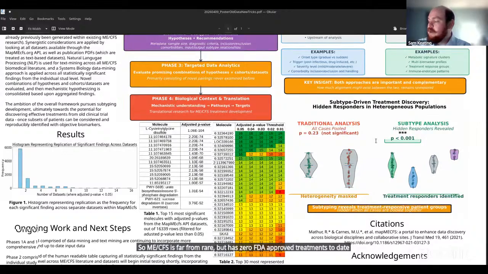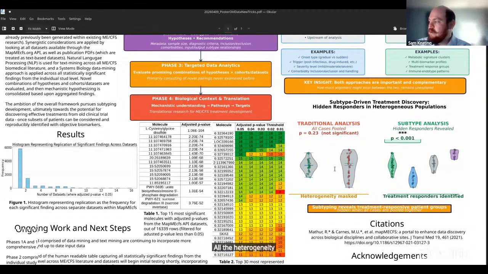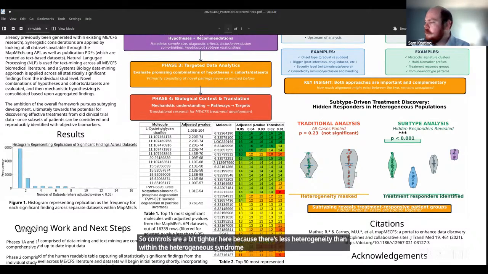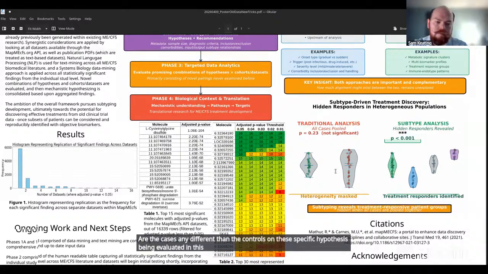And it's very heterogeneous. So in this left half of the violin plot here, the traditional analysis section, all the heterogeneity manifests by saying you have all the individual dots of individuals in the cohort for cases versus controls. So controls are a bit tighter here because there's less heterogeneity than within the heterogeneous syndrome ME/CFS. And it's not a significant p-value when you look at are the cases any different than the controls on the specific hypothesis being evaluated in this p-value calculation.